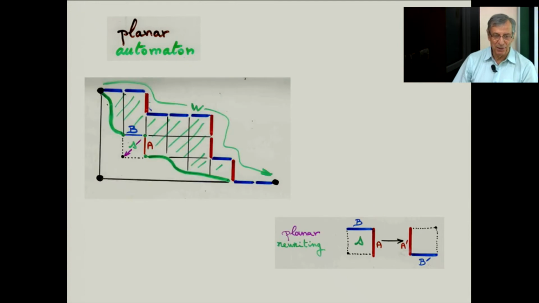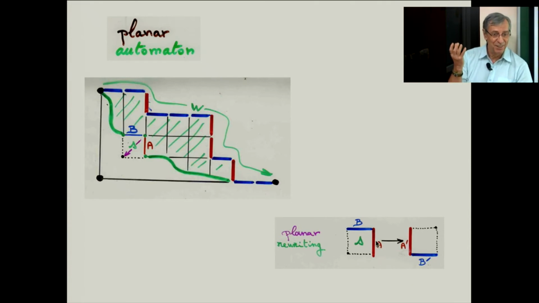And in fact, you can read this in the philosophy of planar rewriting. We start with an initial state, which is the border of this Ferrers diagram, and then, as in the example I showed with permutation before, there was a line going through all the diagram, and at each step, when you are on this southwest line, you have a certain label. Here there is a certain label on these edges, a certain label on these edges. This corresponds to the state of the automaton: horizontal edges and vertical edges.